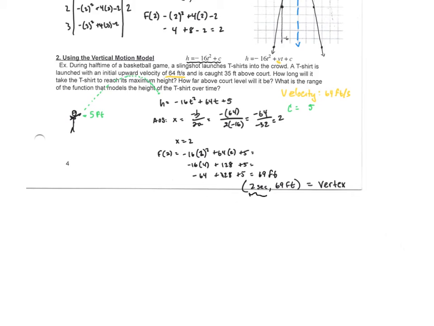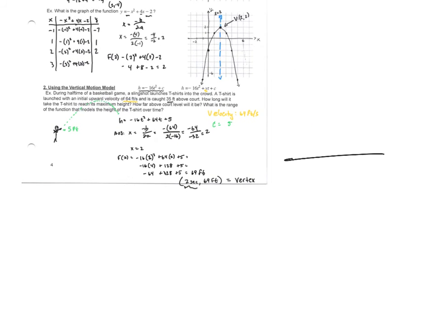How far above court level will it be? Maybe they're talking about here. We're not going to worry about that portion of the question. As long as we're able to model these other things, it seems like that left it a little bit ambiguous. If I look at that again, it says, how long will it take the t-shirt to hit maximum height? It's at 2 seconds, and then how far above the court will it be? Well, it'll be 69 feet. So that's what they were asking me there. And then what is the range of the function?